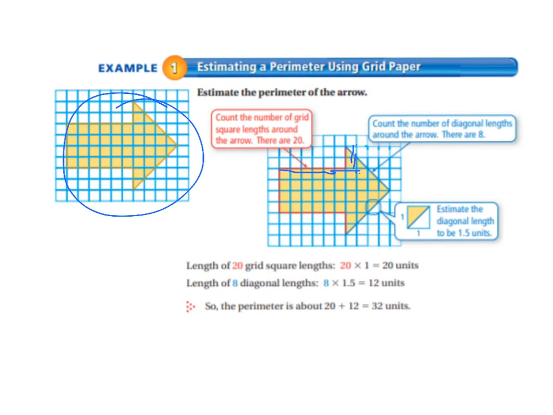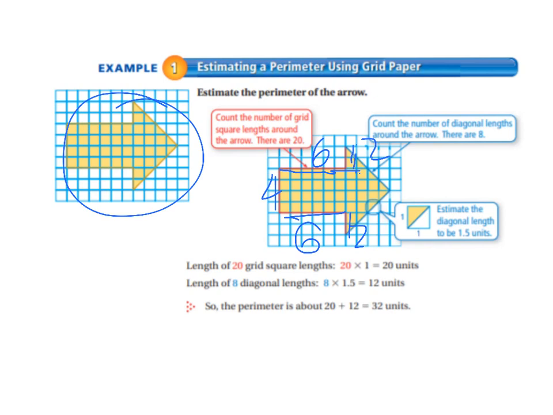If there's 6 on that side, there's 6 on this side, and if there's 2 on that side, there's 2 on this side, because this is a symmetrical figure. So that's 6 here, and 6 here, and 2 here, and 2 here, and then there's 4 on the bottom here, across the back of the arrow.